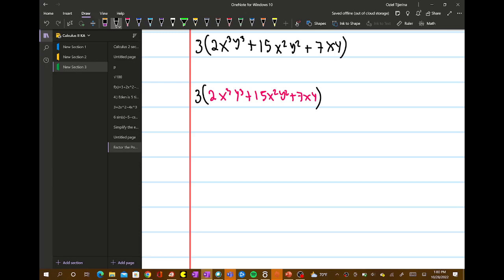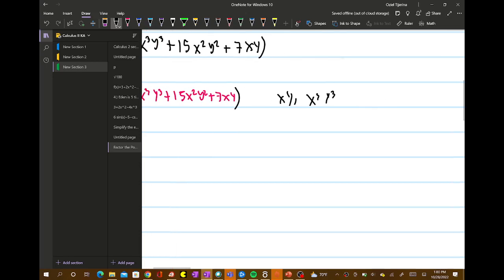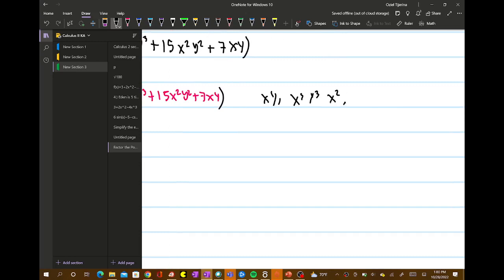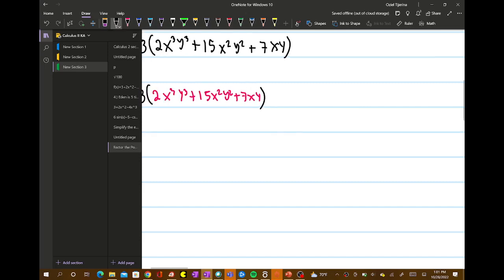We have these three terms: x cubed y cubed, x squared y squared, and xy.